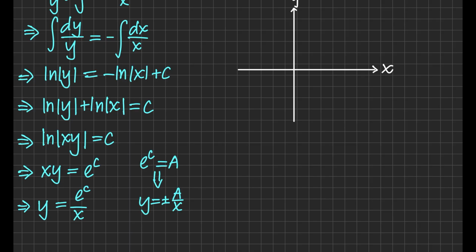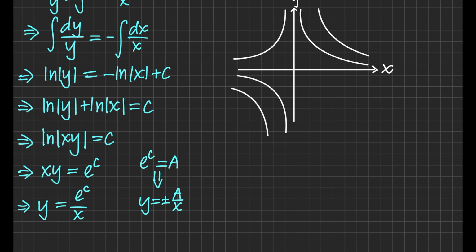If a is positive, then we have some curves like this. If we have a larger value, then we have this. If a is some negative number, then we have a curve like this. For smaller values of a, we have curves like this and this.